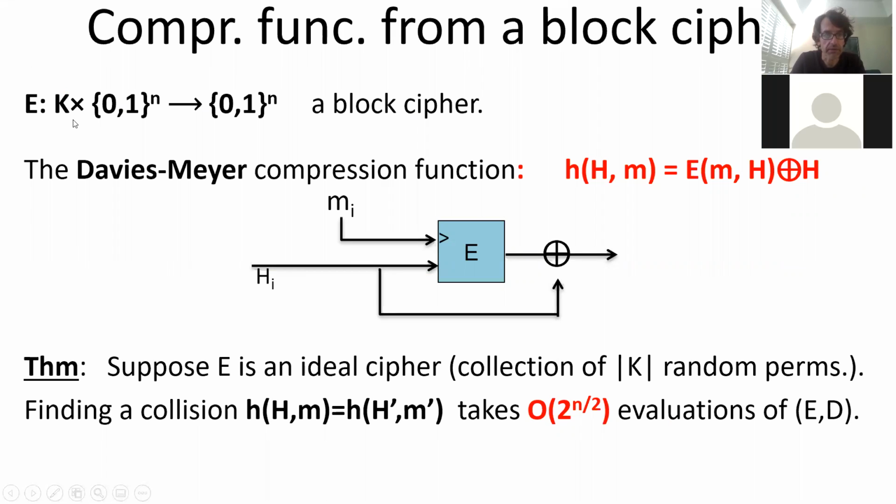Here is a funny, surprising connection. Let's say you have a block cipher, and the Davis-Meyer construction of a compression function from a block cipher is like this. The outputs are n-bit blocks, and I can take a key. So I parse my inputs.